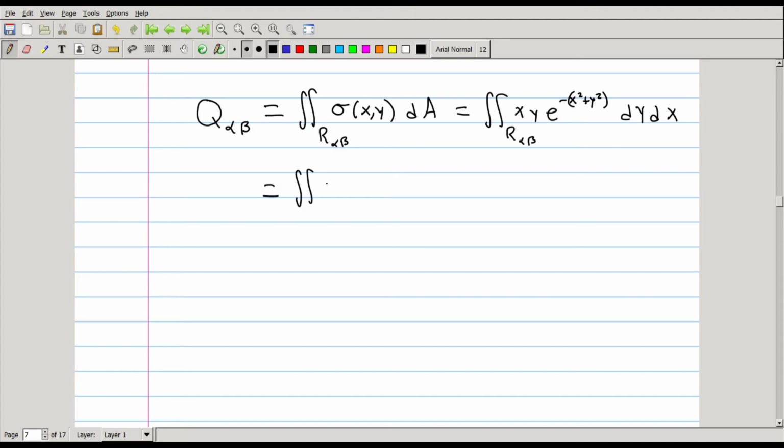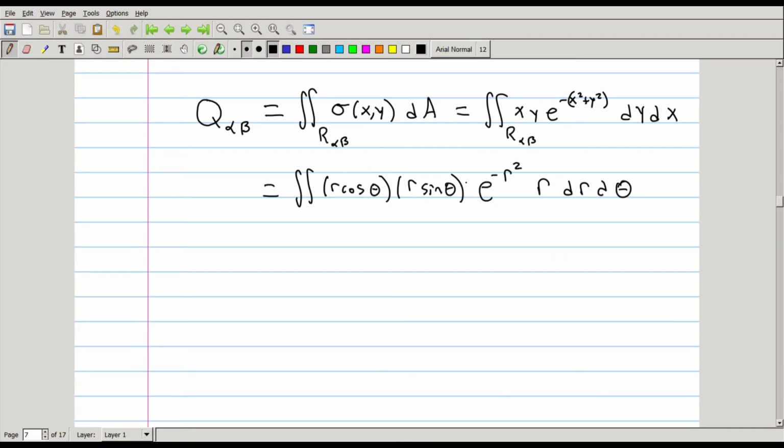And in polar coordinates, x is going to be r cosine theta, y is going to be r sine theta, and x squared plus y squared is going to give e to the negative r squared, and dy dx, or dA, is going to be r dr d theta.